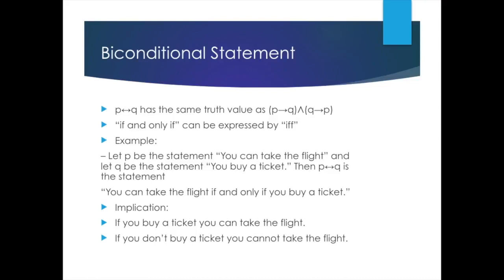The implication of this statement is: if you buy a ticket, you can take the flight, which is true. Both are true, so the outcome is true. If you don't buy a ticket, you cannot take the flight as well. Is it false? A false proposition leading to a false implication, so the whole outcome is true.